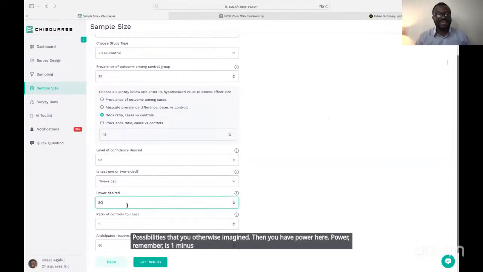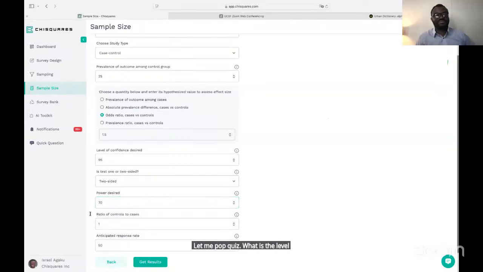So here, let me do a pop quiz. What is the level of beta here now? Given that the power is 70, what is beta? You can type your result there in the chat. Let me see if at least, awesome. All right, great. So we've been following.